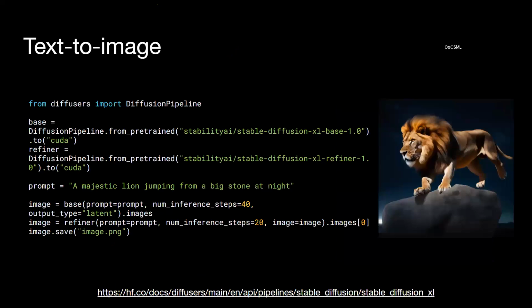So yeah, and the newest kid on the block is Stable Diffusion XL, which basically introduces two components. One is the base component and one is the refiner component. The refiner basically helps you add Midjourney-like, fantasy landscape-like edges.